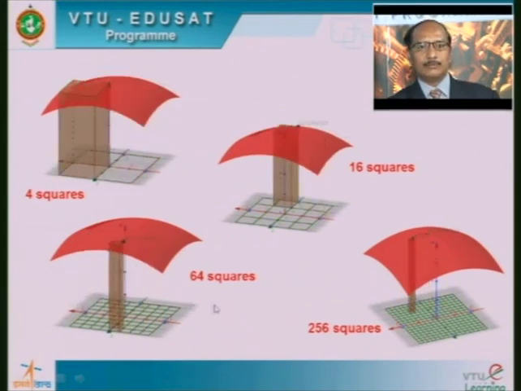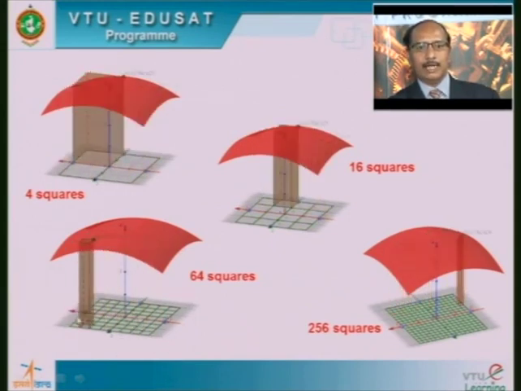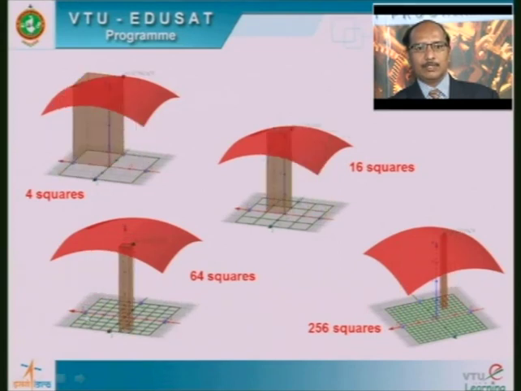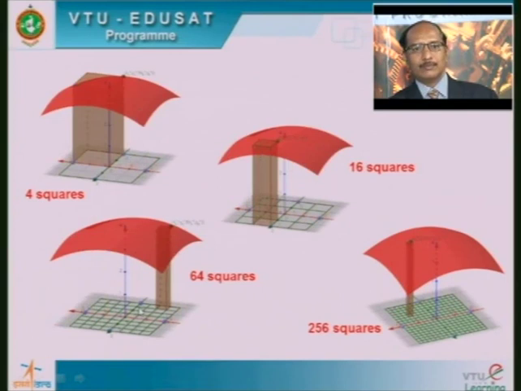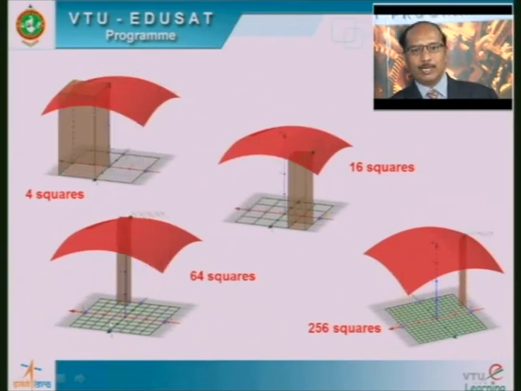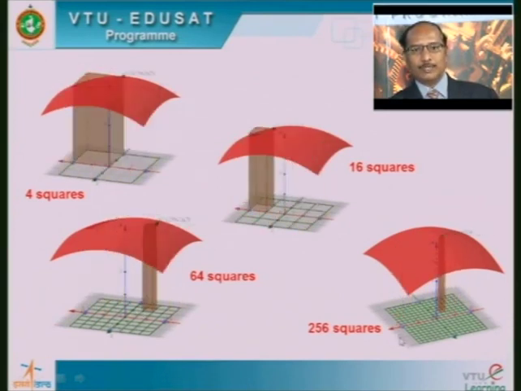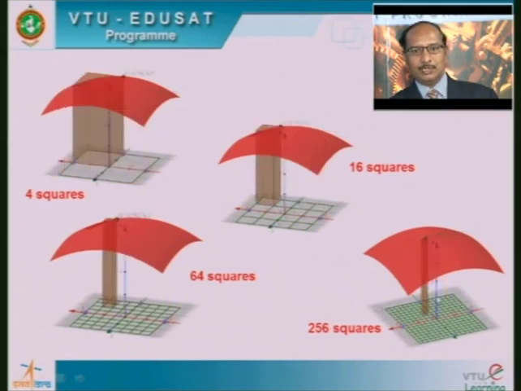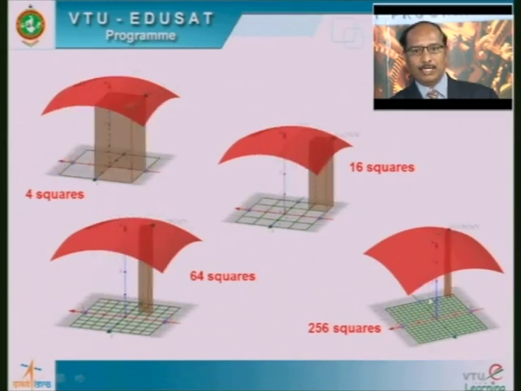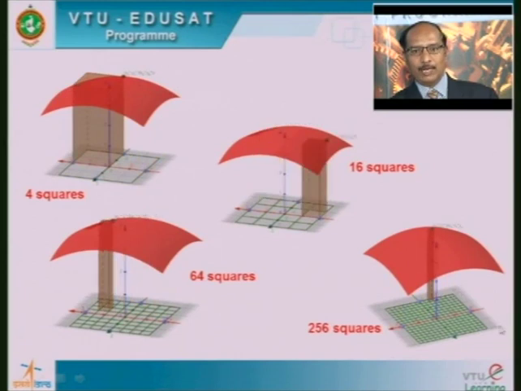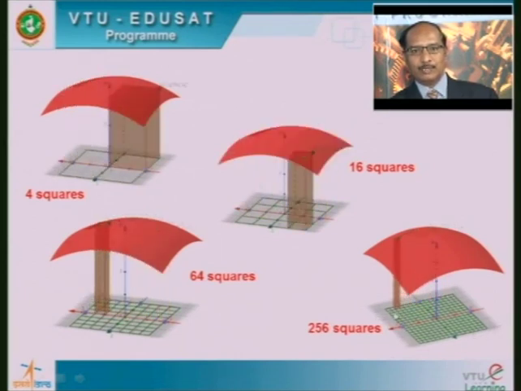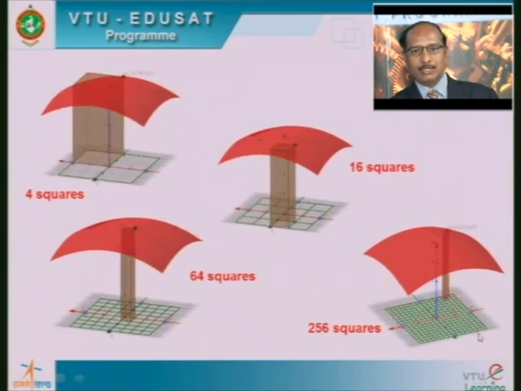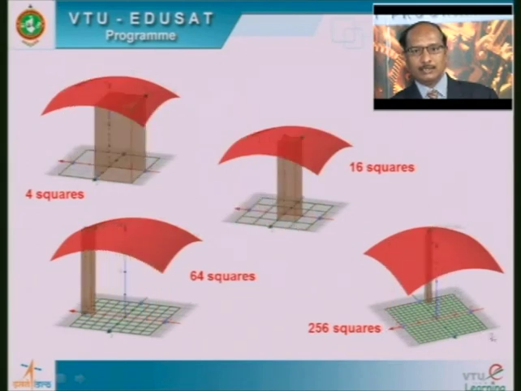Adding all the 64 rectangular boxes, their volumes, that is a double summation, gives the volume of the solid. Here 256 means n is equal to 16 and m is equal to 16. The entire 2 by 2 square is subdivided into 256 square regions, very small.